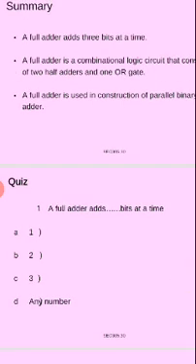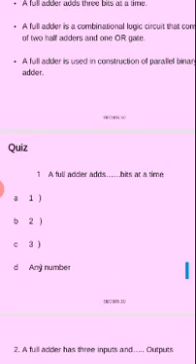Option B, 2 bits. Option C, 3 bits. Option D, any number. For this, the answer is: a full adder can add 3 bits at a time. So our answer is option C. A full adder adds 3 bits at a time.